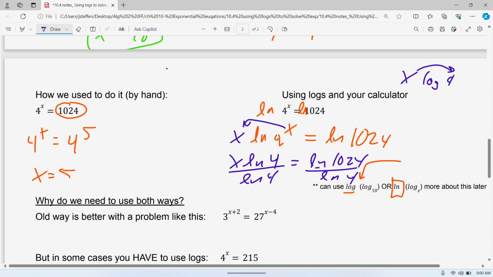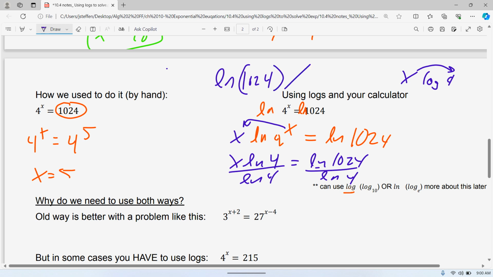So essentially, if you put the natural log of 1024 in your calculator, it'll give you some decimal. So we can divide that decimal by the natural log of 4, which is another decimal. I typed this all in my calculator at one time. For you guys, it's probably not a huge deal because you'll probably use your fraction button. But on my calculator, it does natural log of 1024, and it puts a parenthesis there. If you don't close the parenthesis before you do the division, it's going to mess things up.